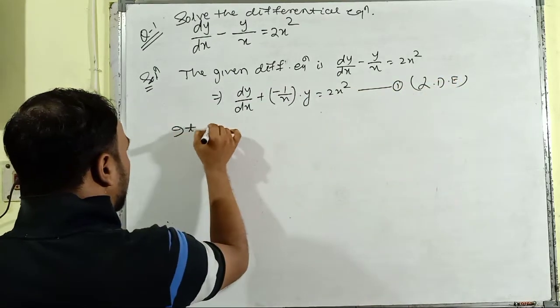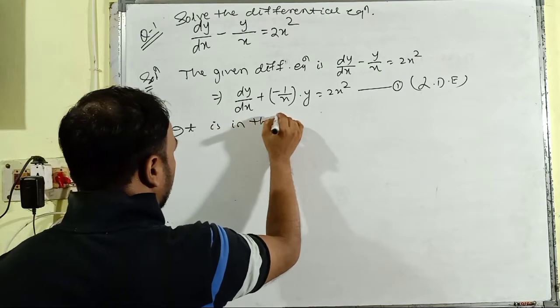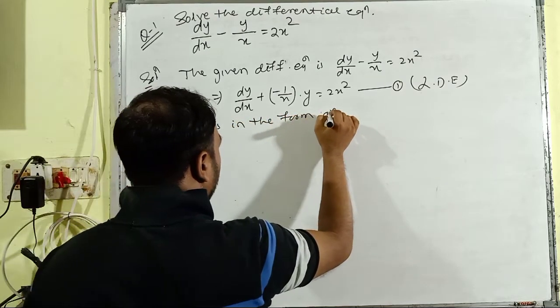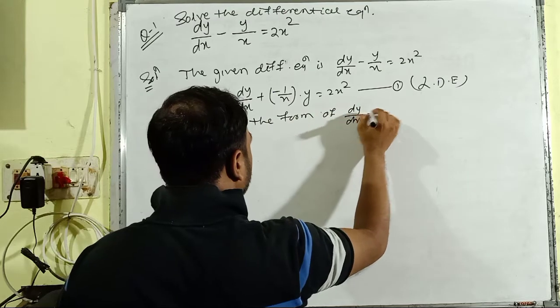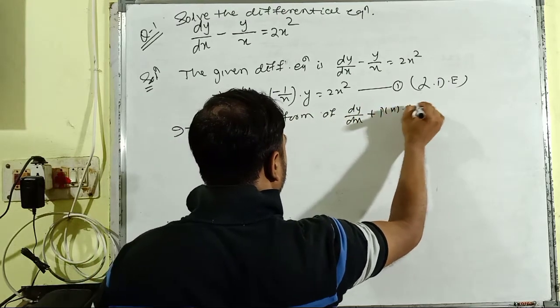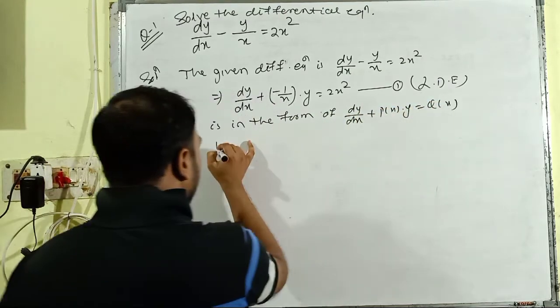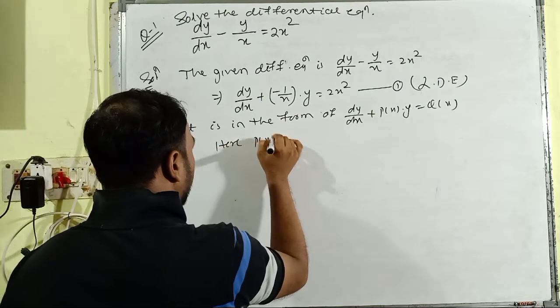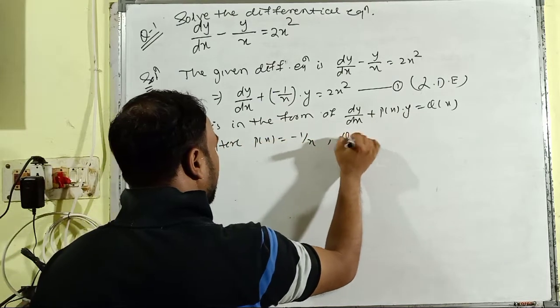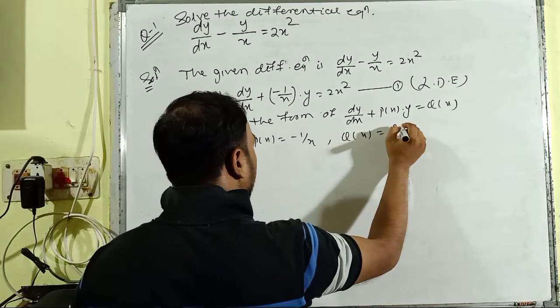It is in the form of dy upon dx plus p of x into y is equal to q of x. Here p of x is equal to minus 1 upon x, and q of x is equal to 2x square.